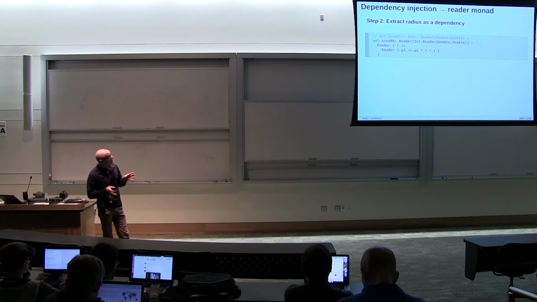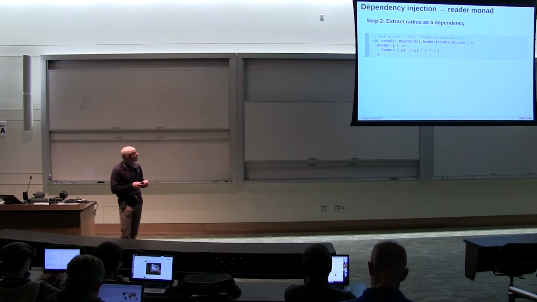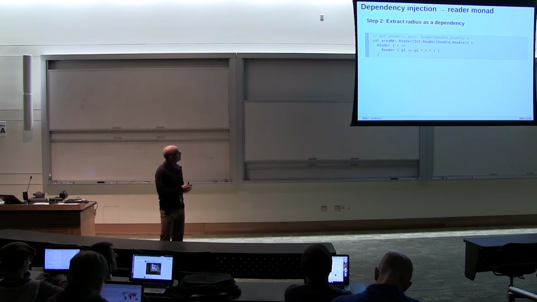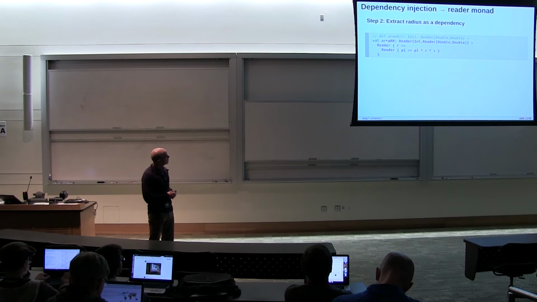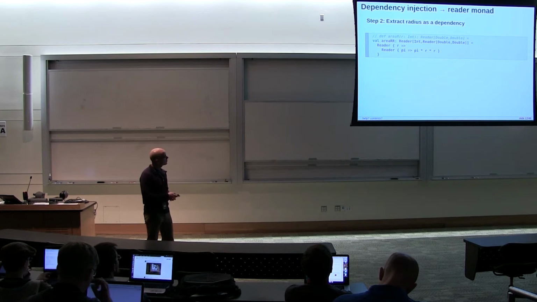The type is quite a bit more complex, so let's step through it. The way you would read this is area RR is a reader that takes an environment which is an integer, and that's our radius. And once we provide it with that radius, it returns a value that is itself a reader.